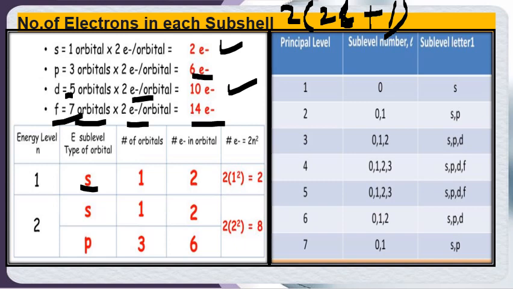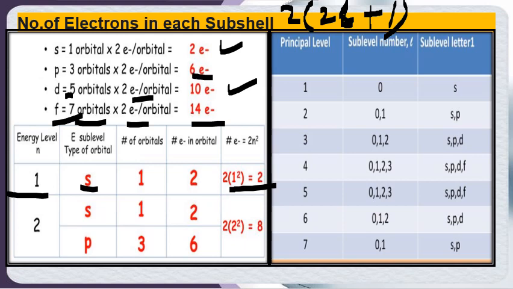The number of orbitals which can be present here is only 1 as given above, and it can hold only 2 electrons. By applying the formula 2n square, the total number comes out as 2. It means in the first shell you can have only 2 electrons placed in it.